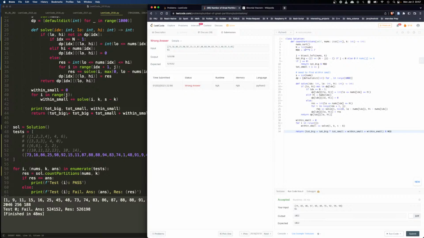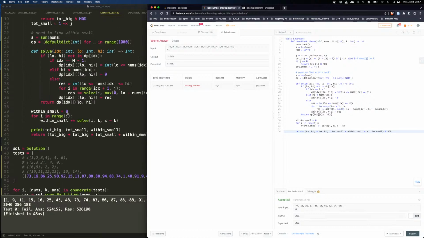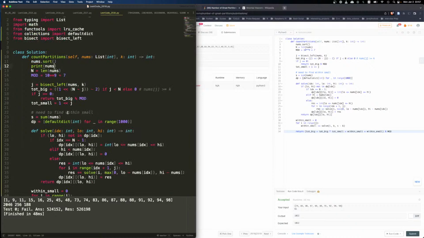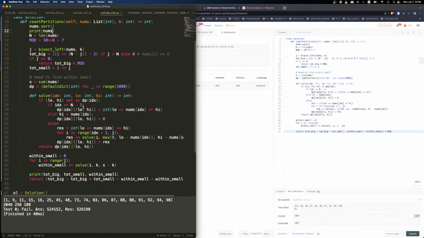Isn't that total big? Oh, okay. So if this one's right, then wait, still total big. Total big is 2046. That's suspicious. Total big shall not be that value.